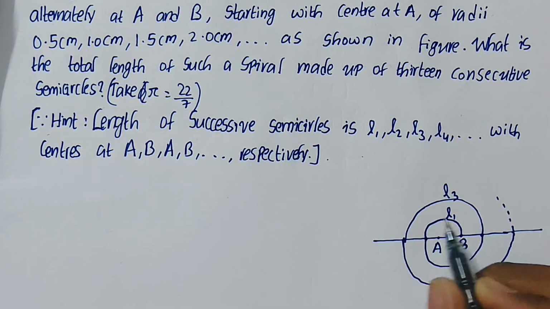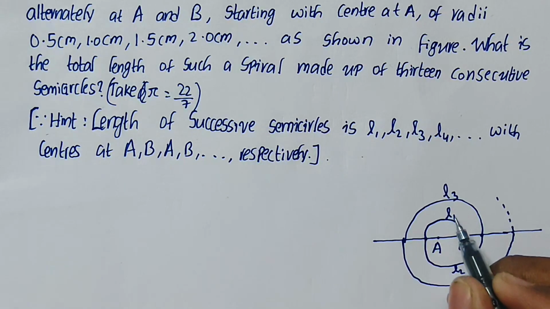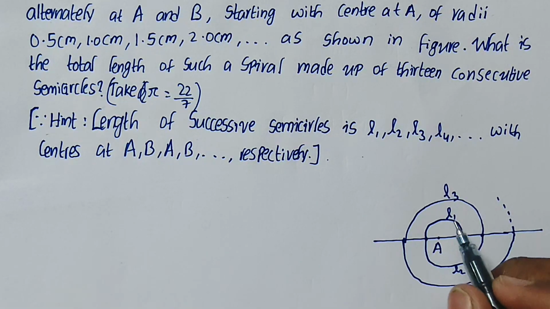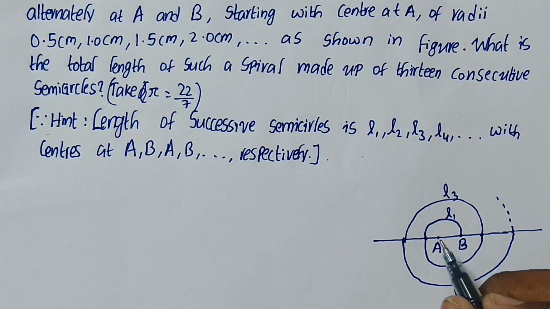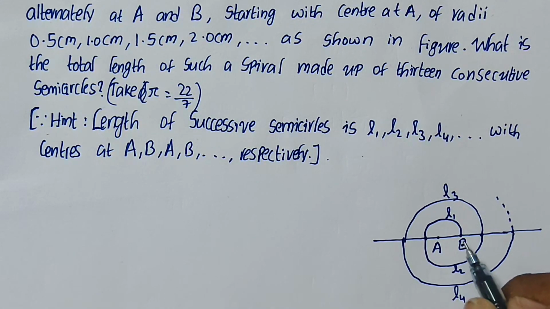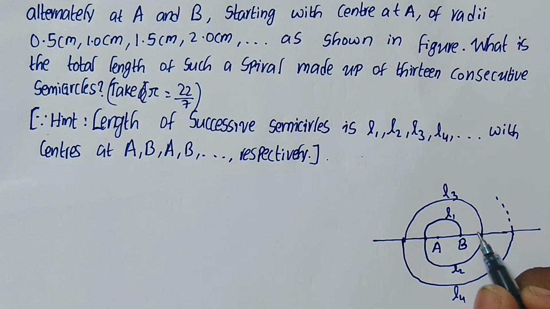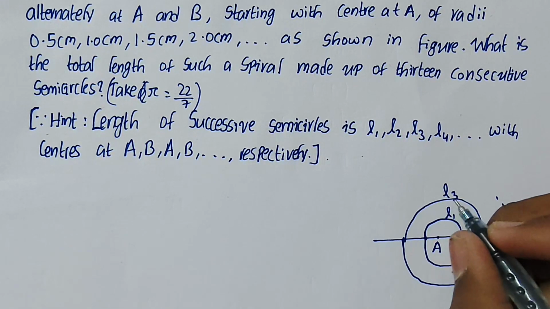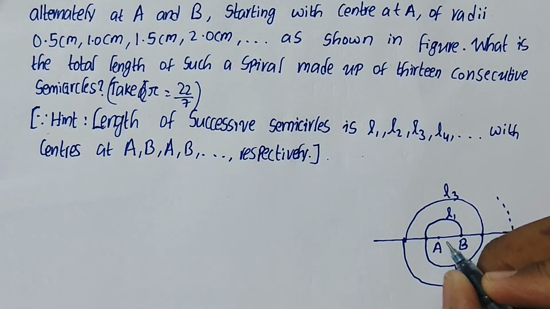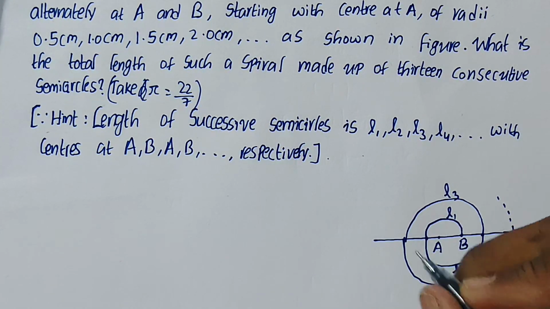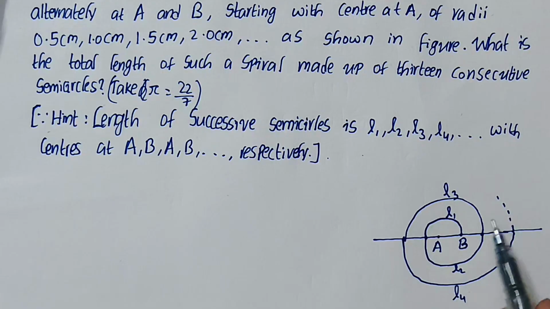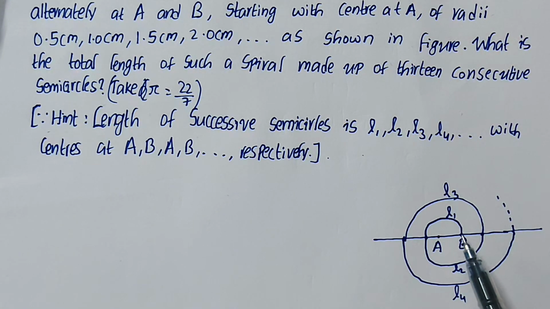So first we had drawn a semicircle named L1, means the length 1, with the center A. After we had drawn the semicircle L2 with the center B, and later we had drawn the semicircle L3 with the center A. Later we had drawn the semicircle L4 with the center B. Understand?